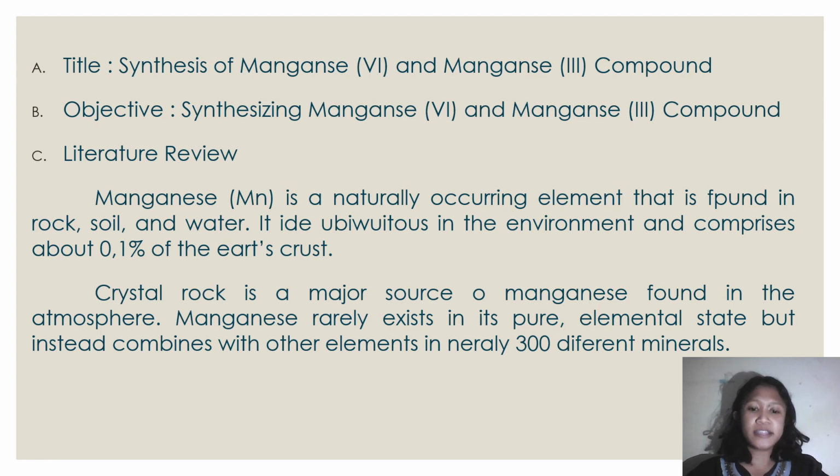Crustal rock is a major source of mangan found in the atmosphere. Mangan rarely exists in its pure elemental state, but instead is combined with other elements in nearly 3,000 different minerals.